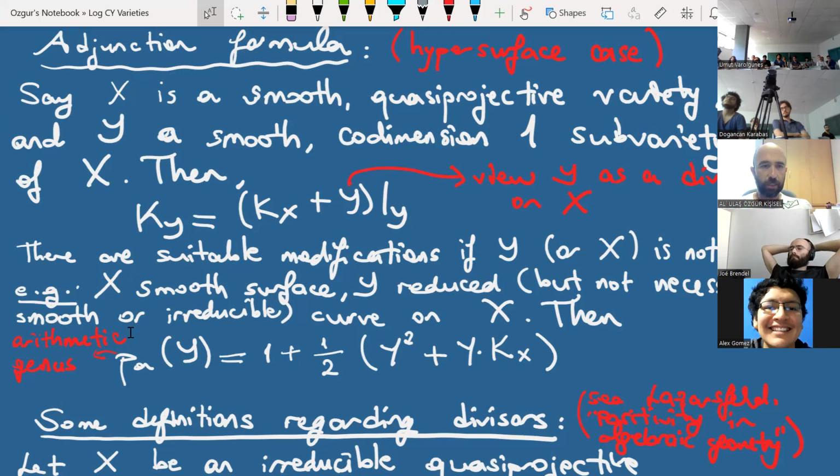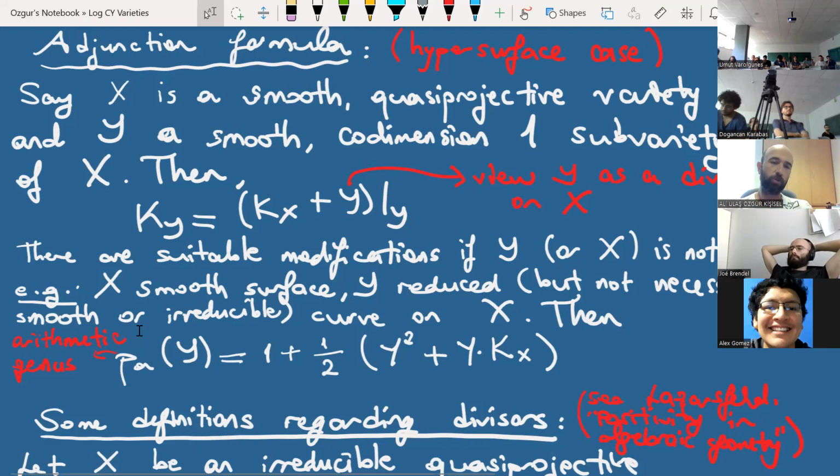In that case, a consequence of adjunction is that the arithmetic genus of Y is given by this formula, 1 plus 1/2 (Y squared plus Y times K_X). So what is arithmetic genus? For a curve, you have two possible notions of genus. In the smooth case, these coincide, but if you have a singular curve, there are two ways you could resolve the singularity, essentially. One of them is to normalize the curve, and then the genus of the normalization would give you what's called the geometric genus.